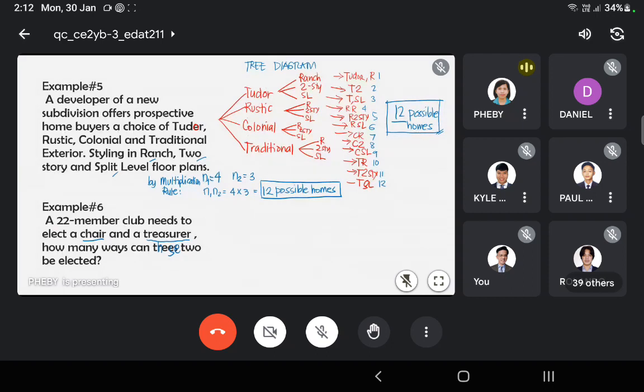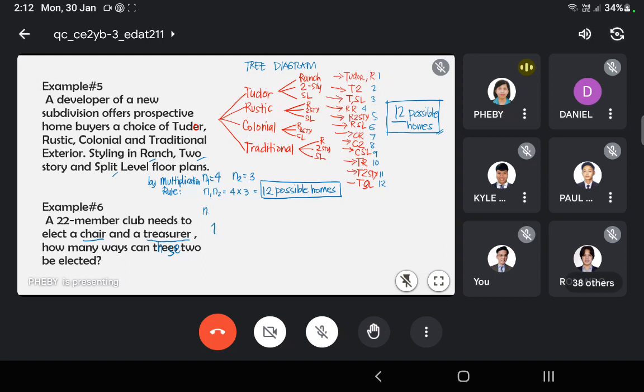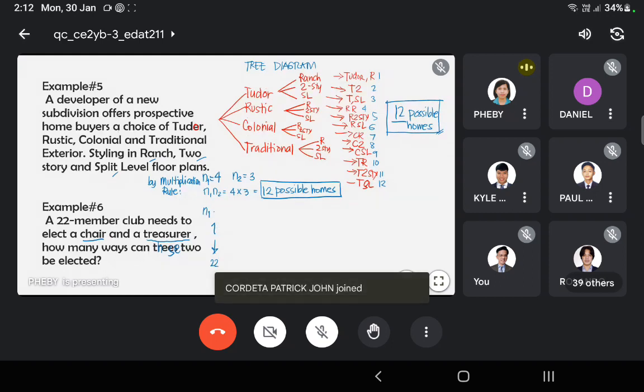So, ganito yan. Yung ang number ng members natin are 1 to 22, no? So, 1 to 22. So, our n sub 1 is 22. Okay?